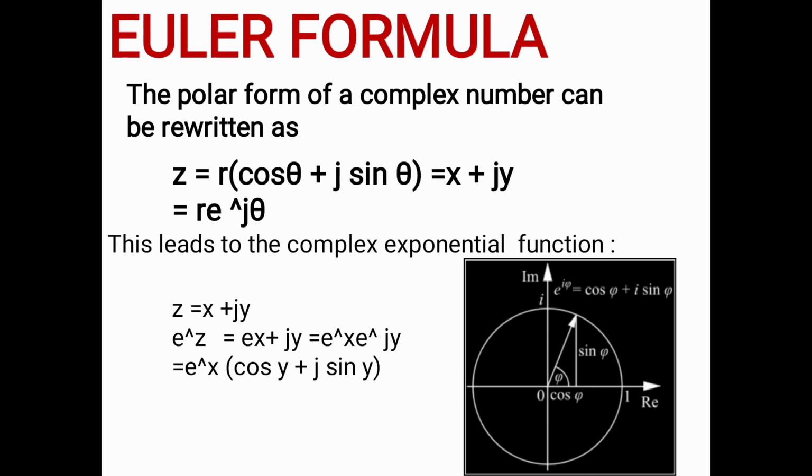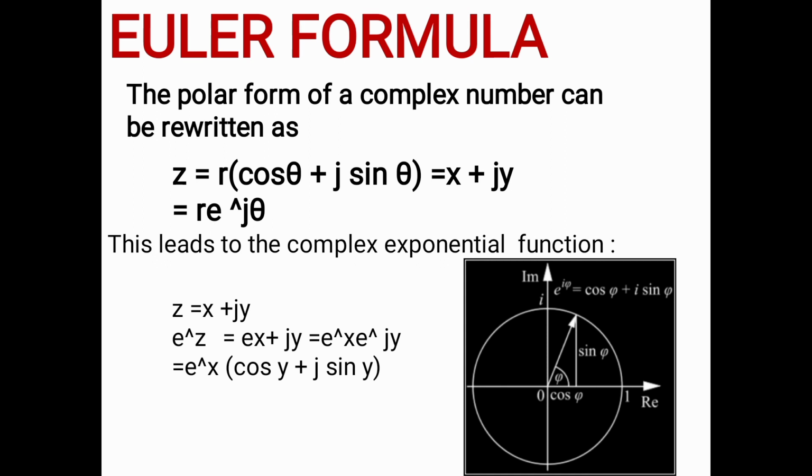Next, Euler's formula. This is very highly applicable in complex numbers, because problems become very simple if we apply Euler's formula. Again, you see z equals r cos theta plus j sin theta, that is the equation of the polar form, which is basically x plus iy.